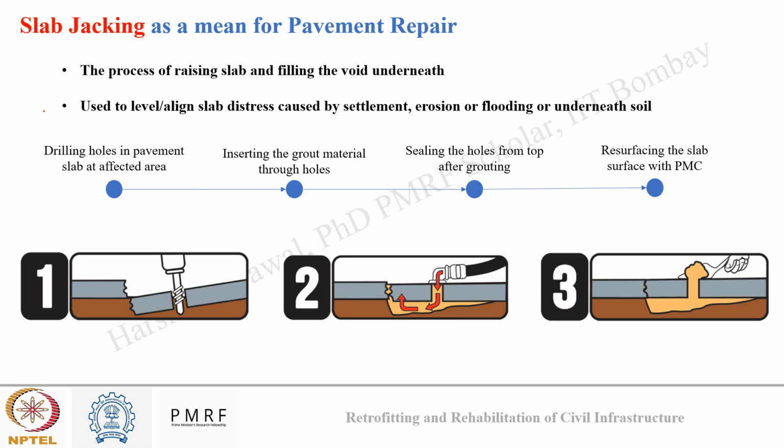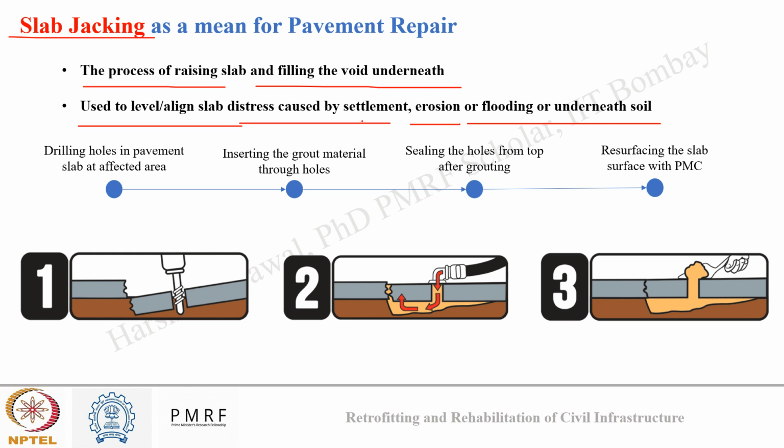That method is known as slab jacking. Slab jacking is the process of raising a slab and filling the voids underneath, and it is used to level or align slab distress which can be caused due to settlement, erosion, or flooding of underneath soil.